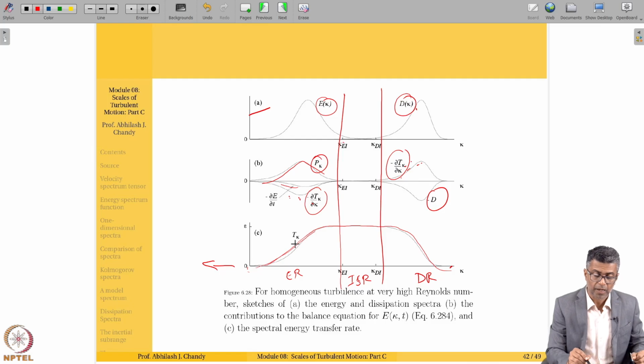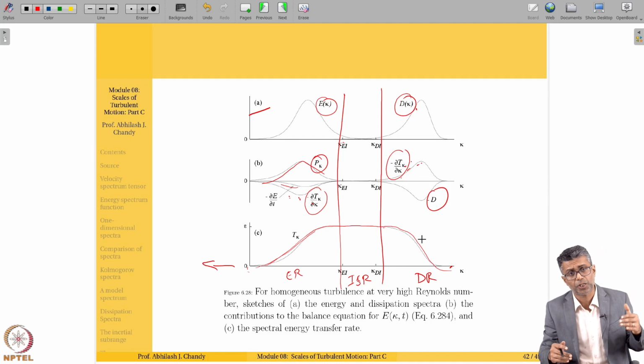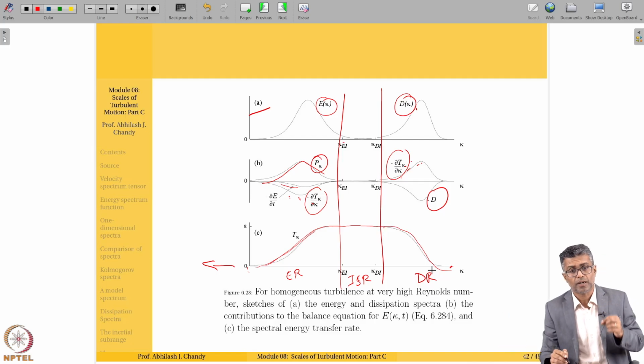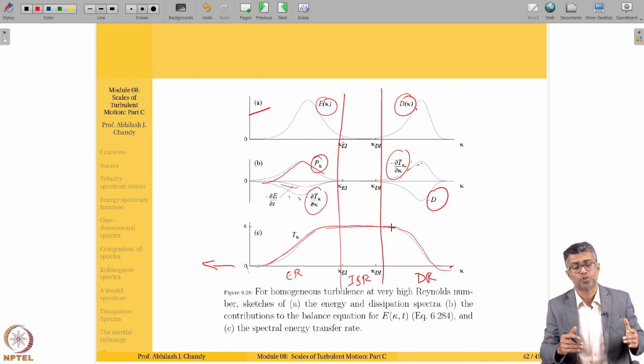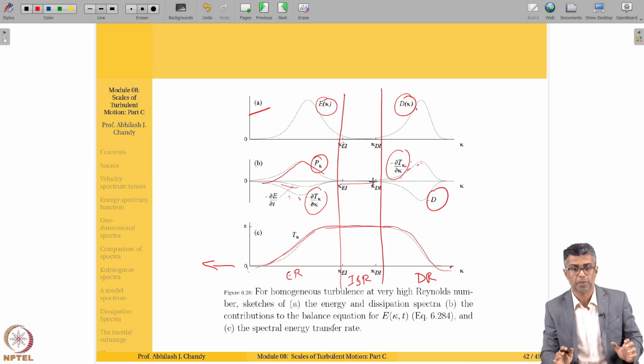It keeps increasing, then it flatlines in the inertial subrange, and then it slowly decreases as the energy is being dissipated out. If you look at TK, it is almost a constant over the inertial subrange. That is what leads to minus del T del K being zero here. I hope this makes sense.